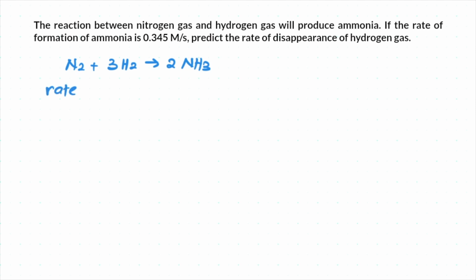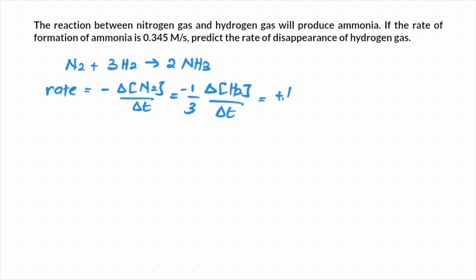The rate expression for this reaction is negative delta concentration of N2 over delta t is equivalent to 1 over 3 delta concentration of H2 over delta t, equivalent to positive 1 over 2 delta concentration of NH3 over delta t.